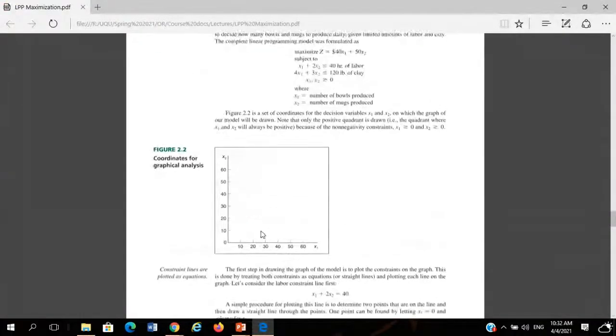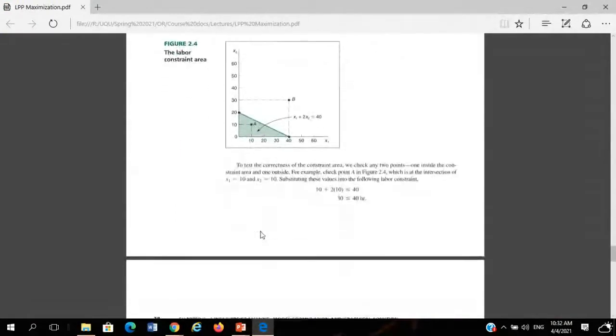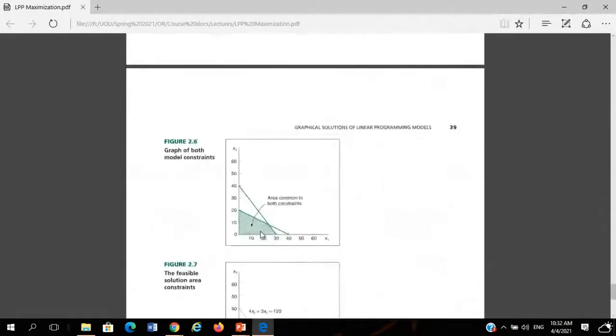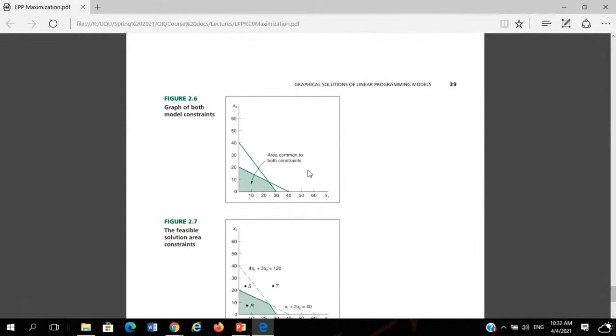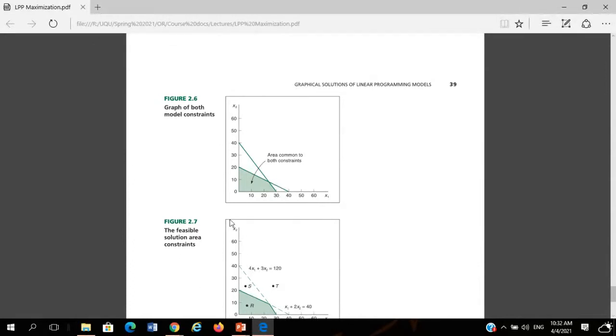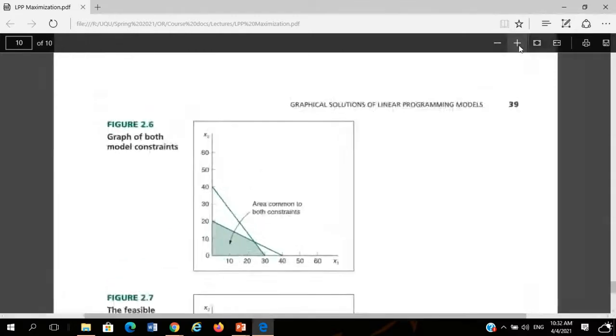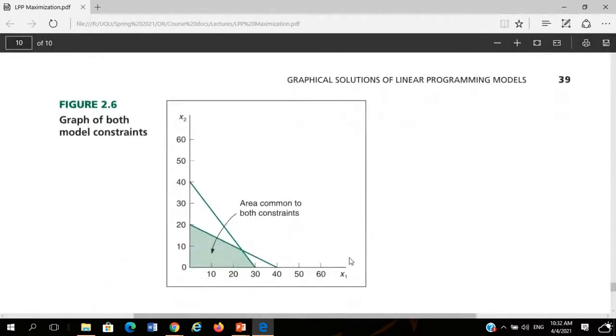Let's just go there. So this is our graph. Now we have already plotted these two on the graph, and it will be easier for me to show it on the ready graph. So we see here that the two constraints are now plotted on the graph.